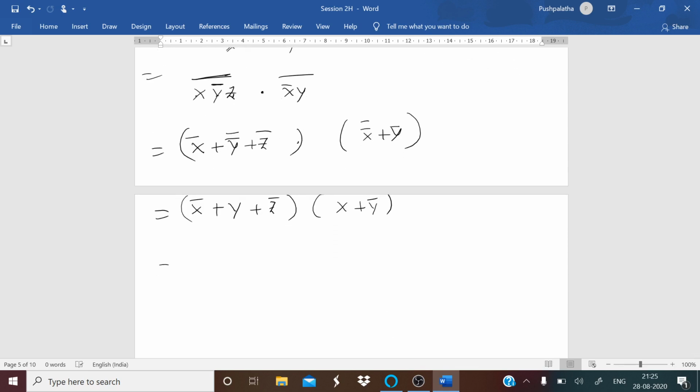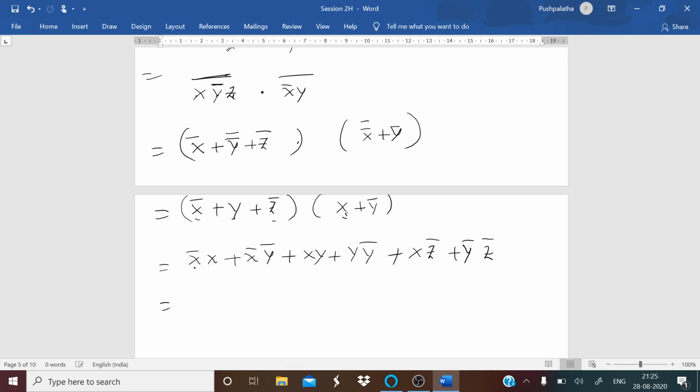So now you have simplified this. Remove the brackets and multiply. X bar into x plus x bar into y bar plus x into y plus y into y bar plus x into z bar plus y bar into z bar.